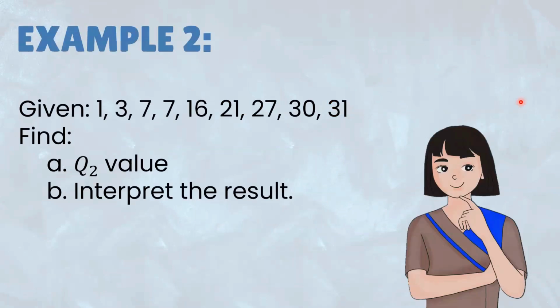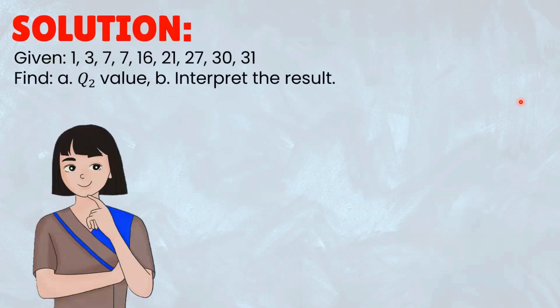Okay, that's all for example number 1. Let's now proceed to example number 2. Given we have the following values: 1, 3, 7, 7, 16, 21, 27, 30, and 31. We have to find the quartile 2 value and interpret our result.